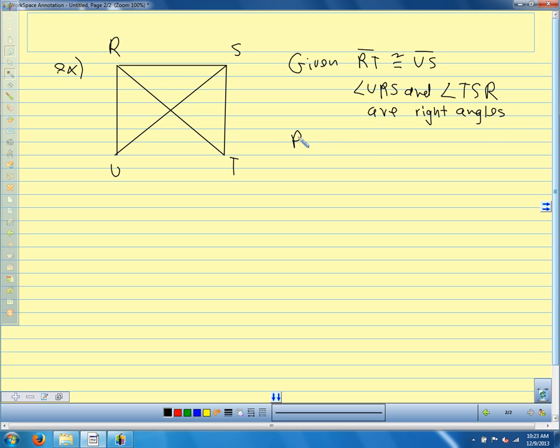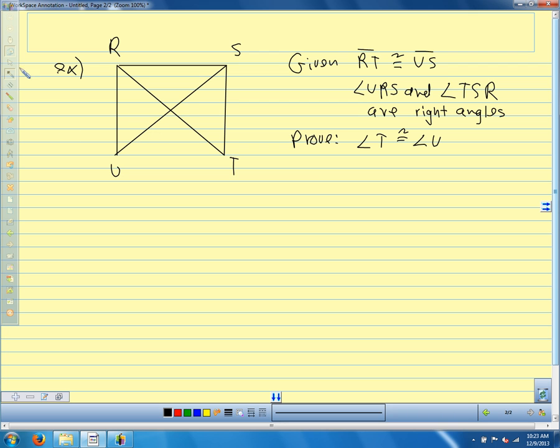And we want to prove that angle T is congruent to angle U. So we want to prove that these two angles down here in the bottom are congruent. And what we know is that RT and US are congruent, and these angles are right angles.